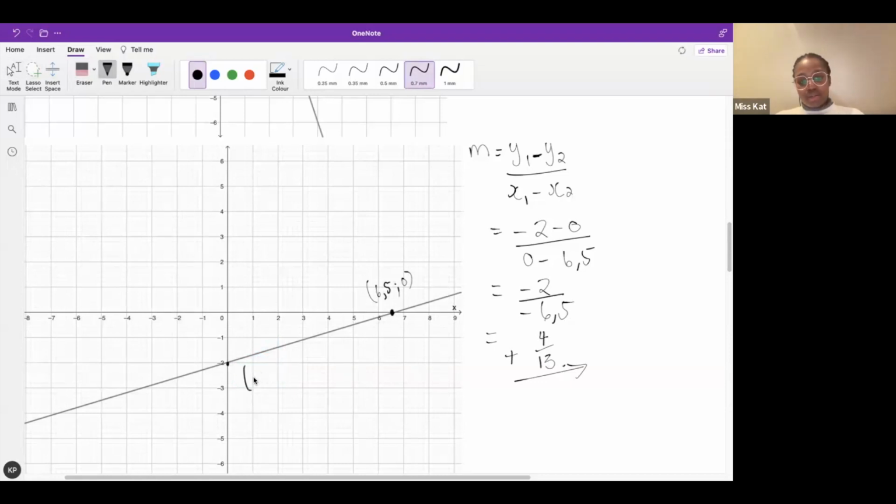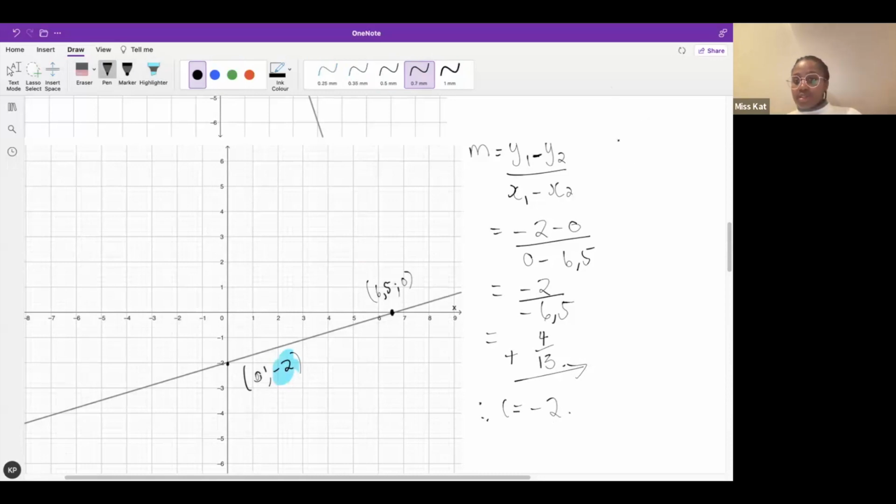What is c again? So ma'am, c is the y-intercept. And you said the y-intercept was what? 0 and negative 2. So therefore c is how much? c is negative 2. Remember, it is the y coordinate of the y-axis.